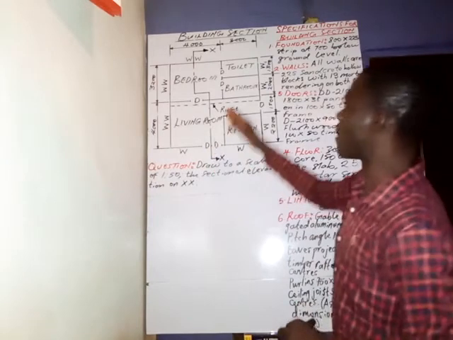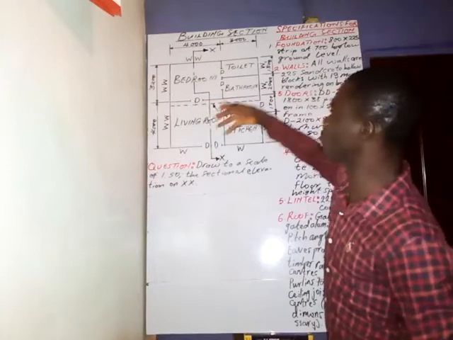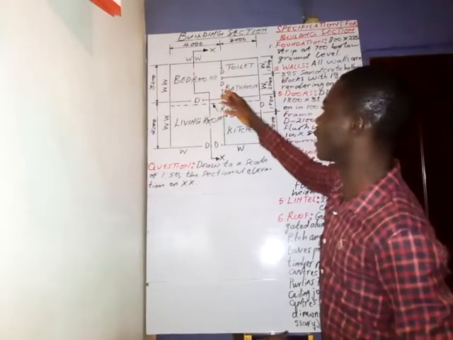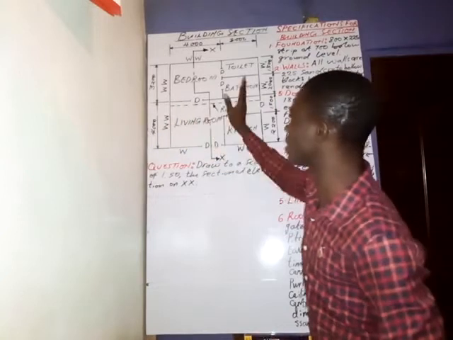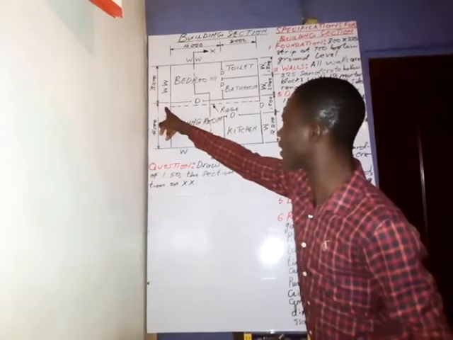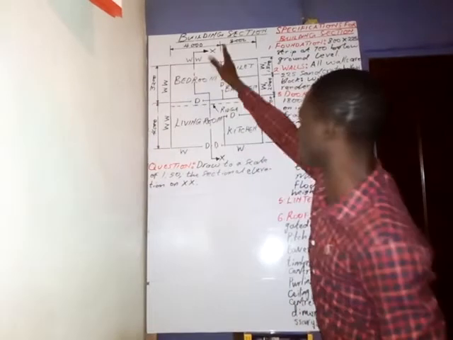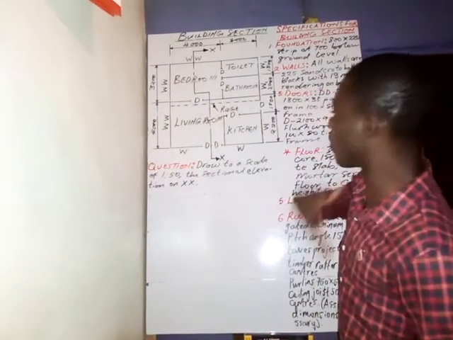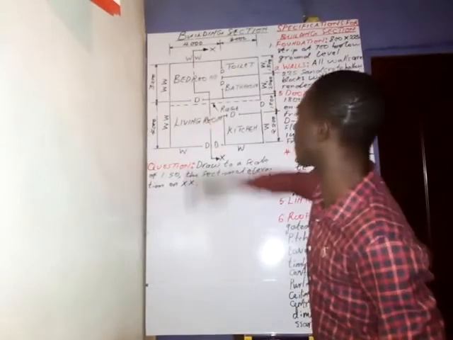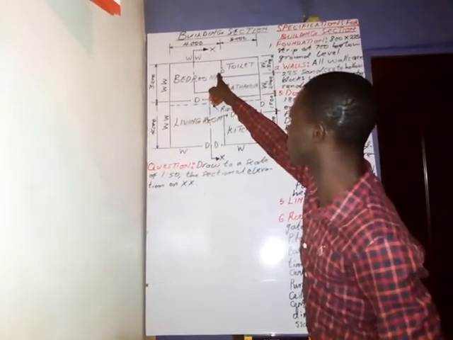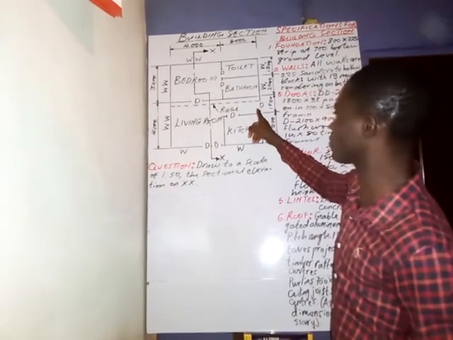Now, by the time we cut this building and we remove these parts, there are things that we see. Let's assume that you are standing here and this part has been removed. What will you see? If I'm looking at it after this part has been removed, I will see this door, and then I will see this door here.